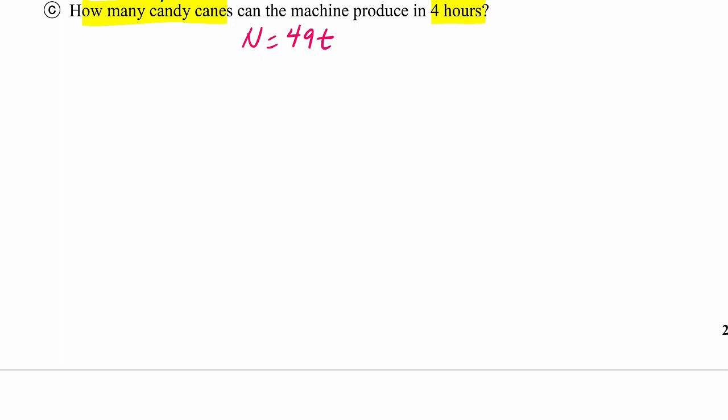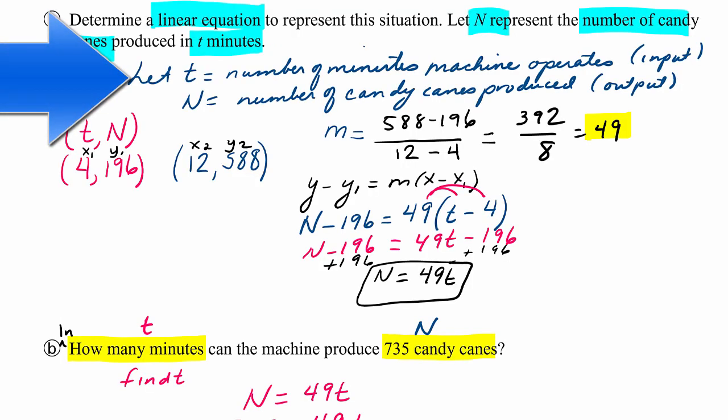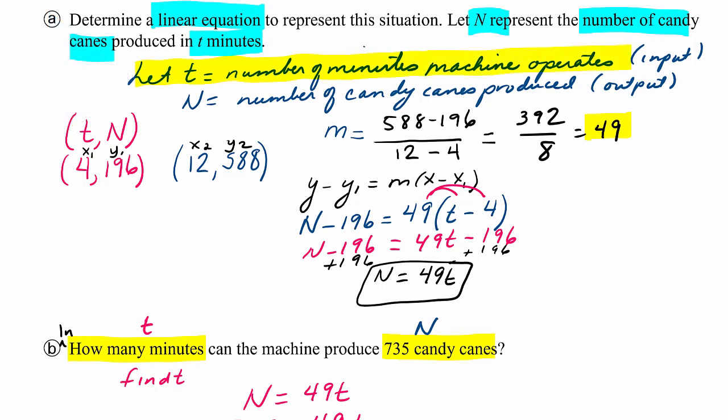Because how are we measuring the time t? Let's go back and look at our variable definitions. So here I am back in part A where we defined our variables. Remember, I told you that's a good idea to do. t is the number of minutes that the machine operates. So we're going to have to turn those 4 hours into minutes if we're going to use that equation. See? So it's good to check that.